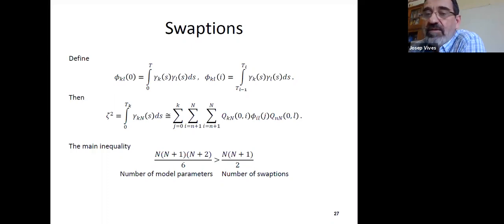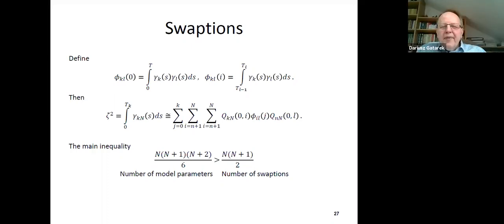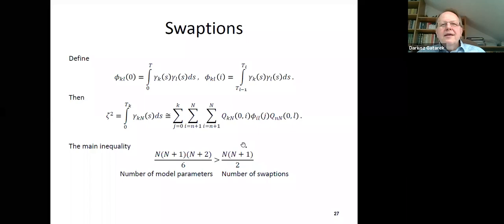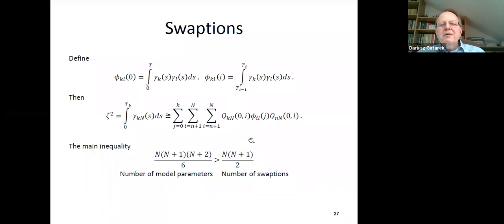So that inequality is good on one hand and bad on the other, because when we've got many model parameters and fewer market observables, we may get a perfect or good fit, yes?